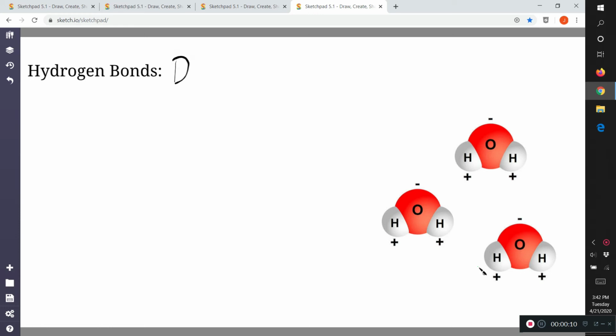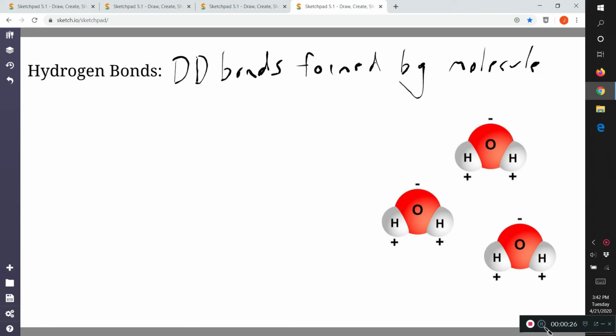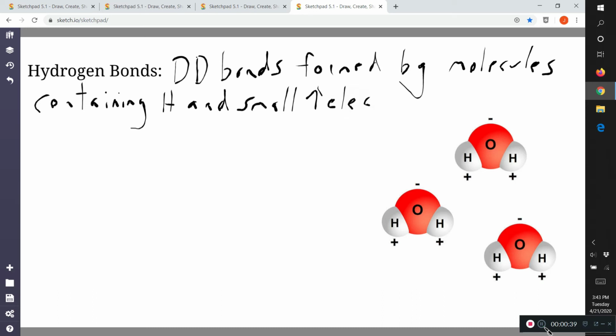So they are dipole-dipole bonds formed by molecules containing hydrogen and small, highly electronegative atoms.